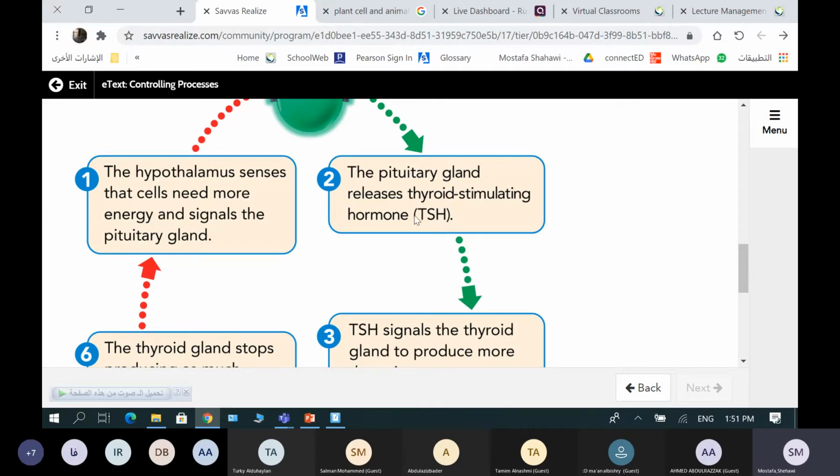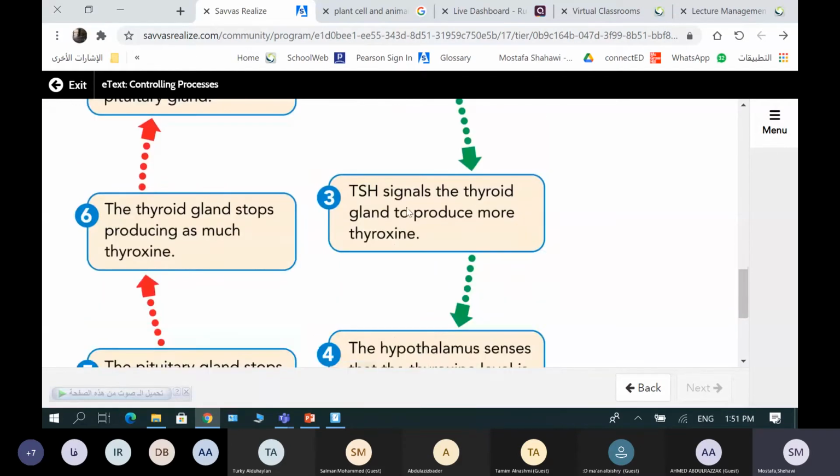So TSH is a hormone produced by pituitary gland and affects the thyroid gland to produce a hormone called thyroxine. We talked about this in the previous session. Number three. TSH signals the thyroid gland to produce more thyroxine.